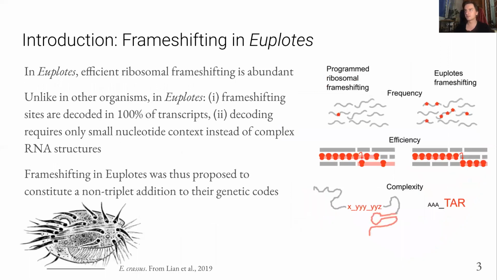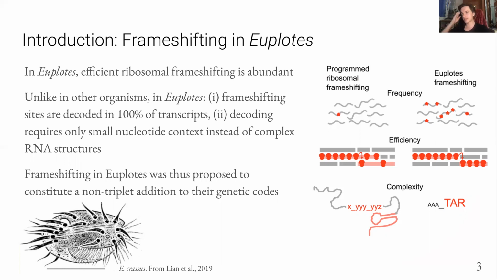There is a group of ciliates, Euplotes, where this frame shifting is very abundant and it is 100% efficient. Basically, it doesn't require much more than a short context, basically a stop codon within a reading frame.